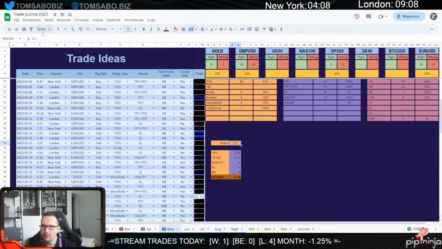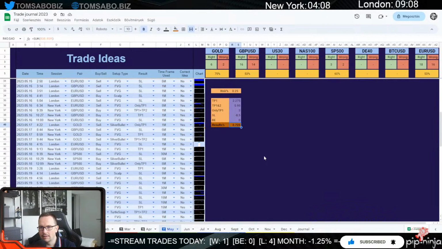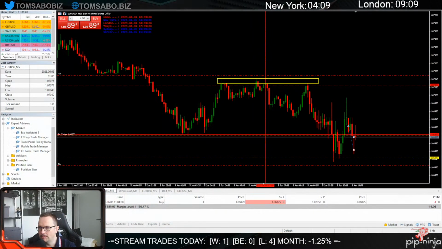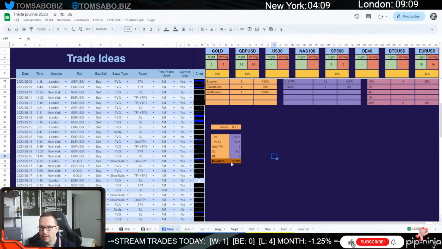If we would have risked 0.25%, as you can see, then you would have gained 2.7% last month. But for the sake of the stream and for the community, and I do have some private members, a few people from my country, I'm measuring this for the clear mathematical purpose with 1%. So if I change it back to 1%, then it would have been 10%.